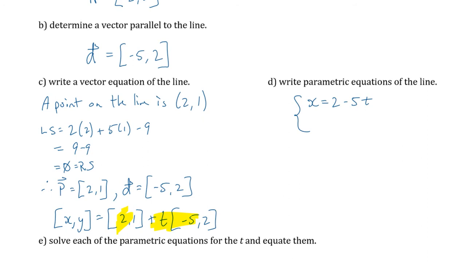So if I'm thinking about this as expanding through, the x is going to come from the 2 and the negative 5. That's where I'm getting the x from. And then the y is going to be 1 plus 2t.